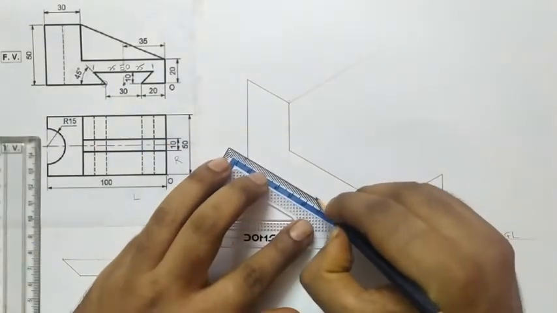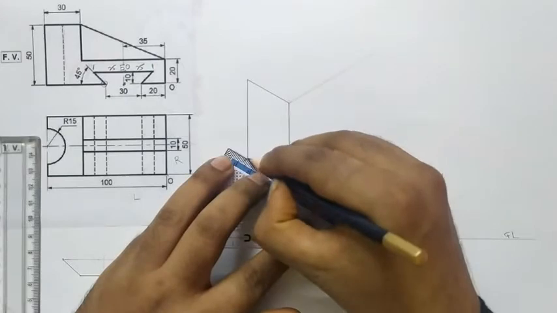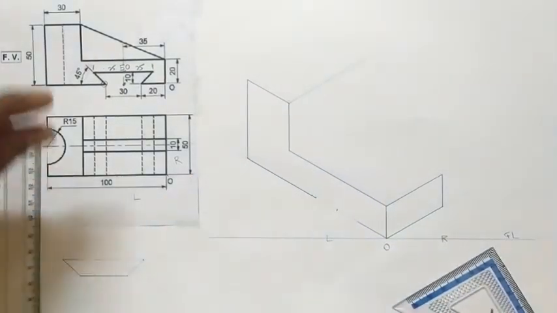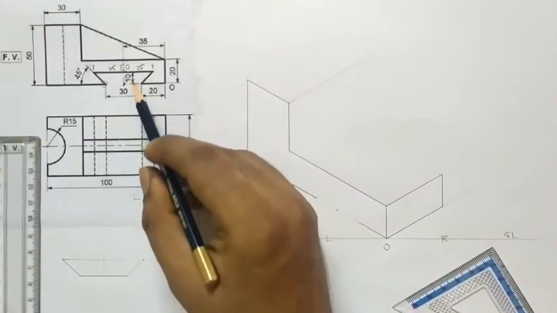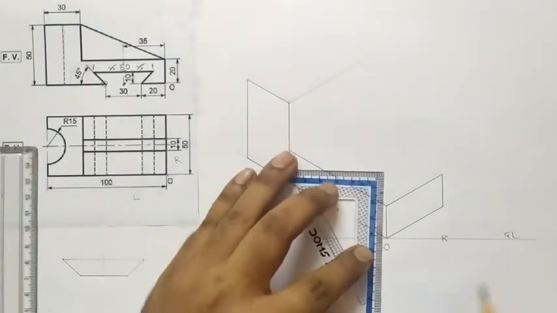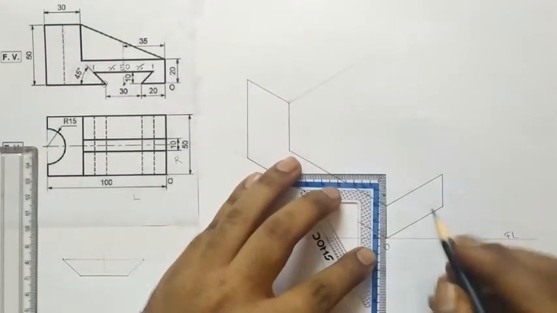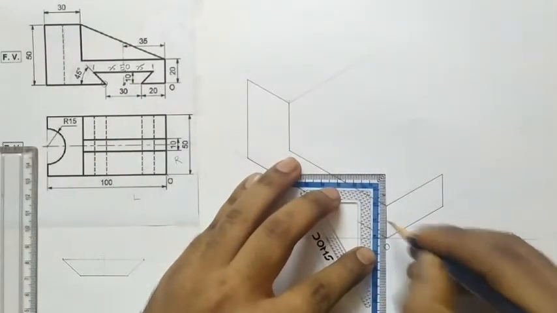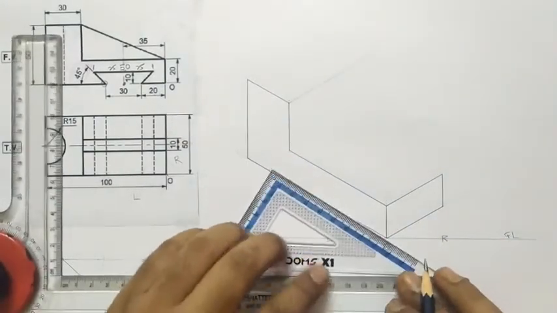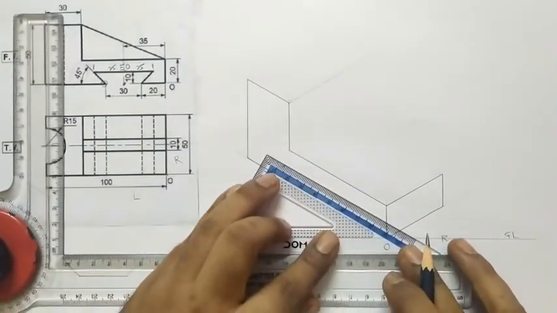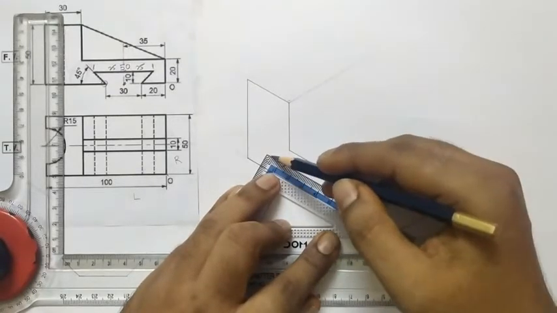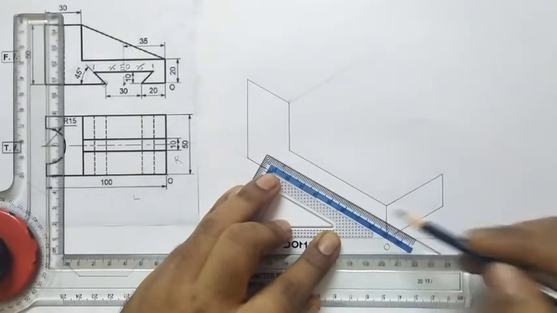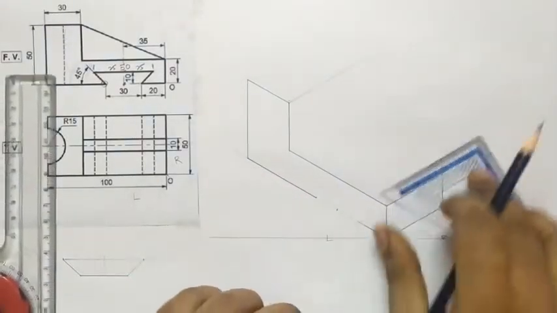Now connect it. Now since the height is 10 mm, from this point I will take 10 mm distance and simply construct one line which is parallel to L. Is it?